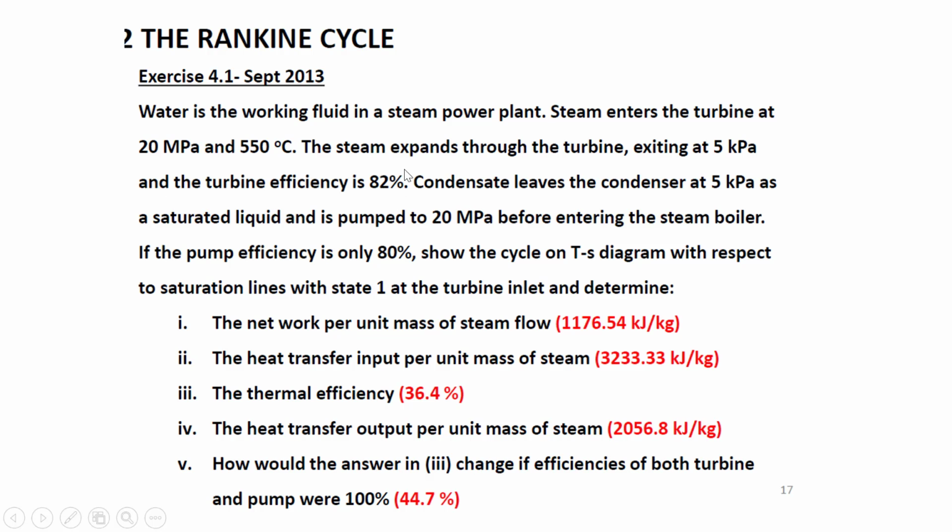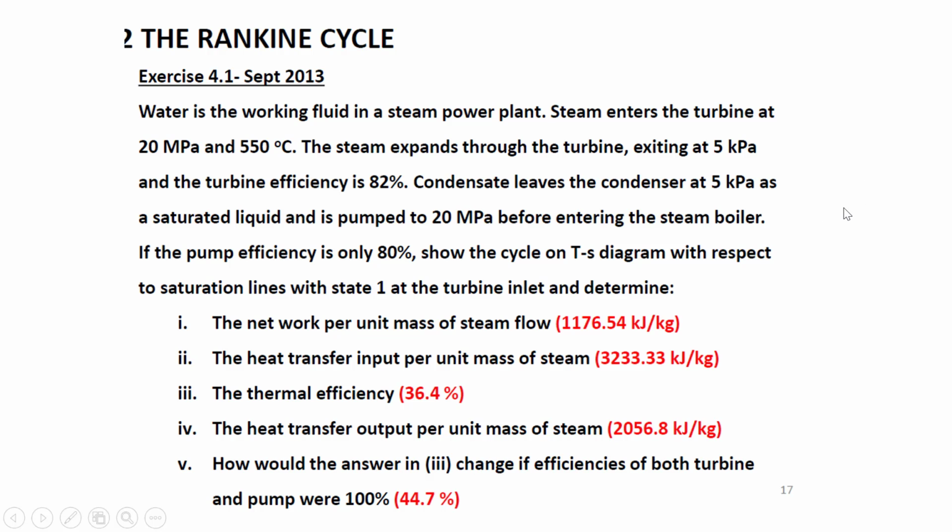Okay, 82% ni adalah isentropic efficiency untuk turbine. Kita tengok balik isentropic efficiency untuk turbine. Okay, condensate leaves the condenser at 5 kilopascal as saturated liquid and is pumped to 20 megapascal before entering the steam boiler.